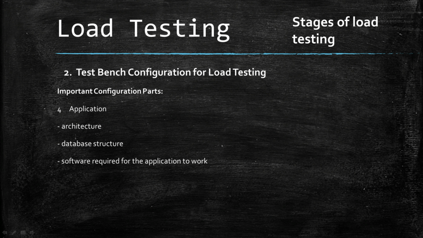In the end, the program may be closed as a trade secret and therefore we will not be able to transfer its copy to another server. As you can see, there can be many reasons why we cannot replicate the application under test as closely as possible on the load bench.